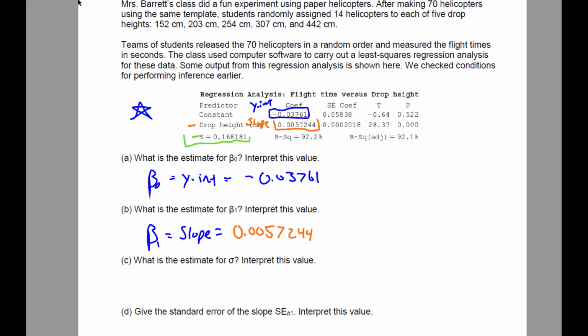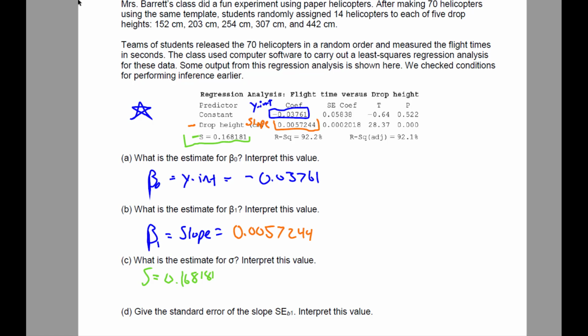So the standard deviation, which is your S, is going to equal 0.168181. Okay, and that's telling you the actual flight times typically vary by that value of 0.168181 seconds from the times predicted by the least squares regression line.